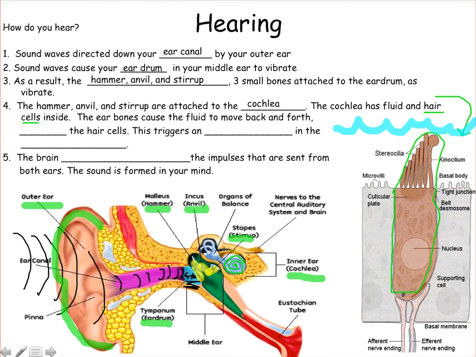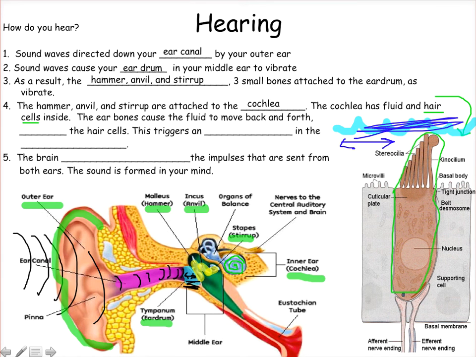So when the eardrum vibrates, it will move the three inner ear bones, and those in turn will move the cochlea. It will shake the cochlea back and forth. So if the cochlea is moving back and forth, the fluid inside will move back and forth. It will shake around like this.